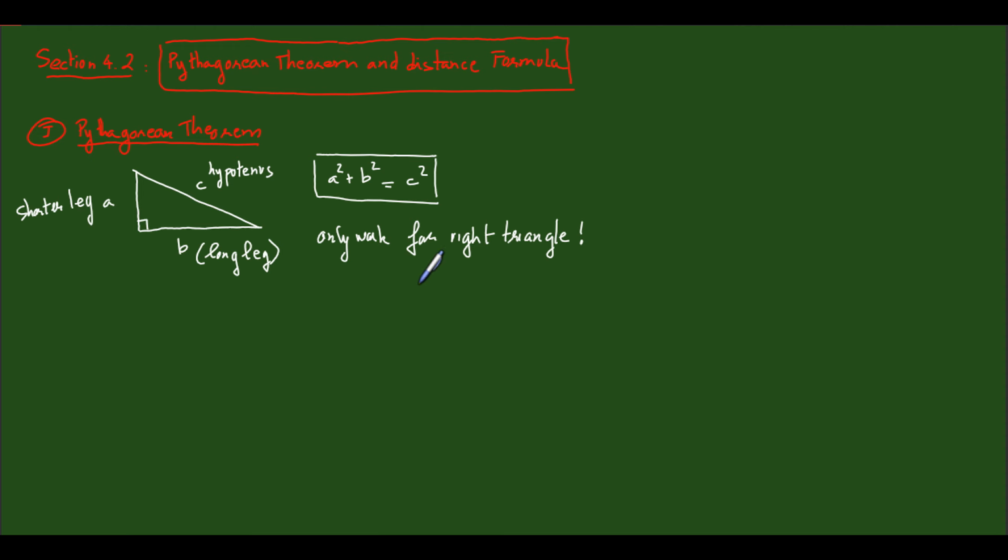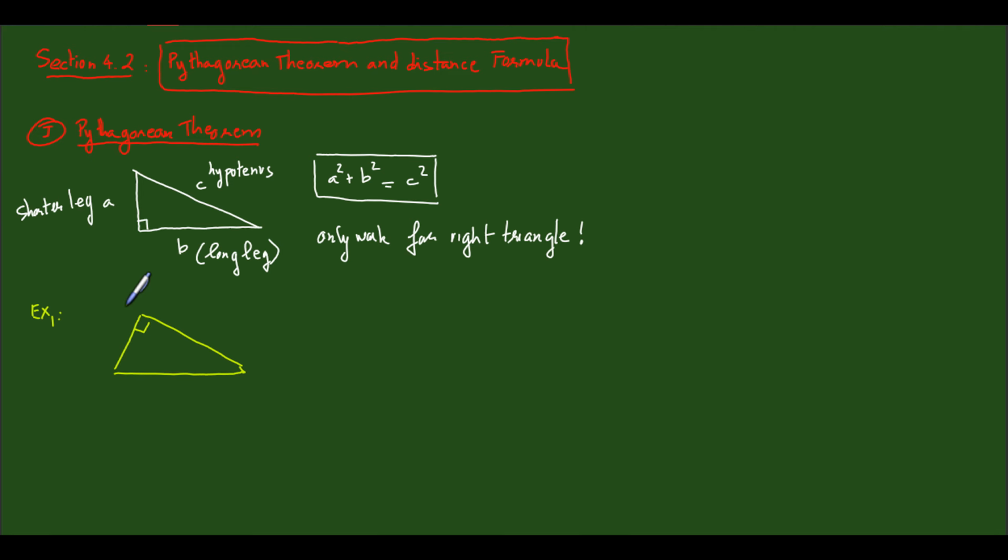Let's jump to the example right away. Let me start with the easy one first. Example 1. So in this example, I give you a right triangle. Okay, it's not a perfect one, but we try to be perfect.